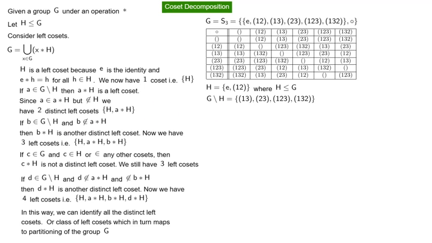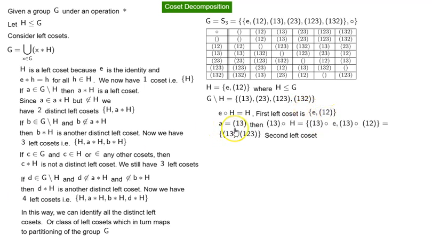So let's start finding the left cosets. So e times H is equal to H. So that is our first left coset. That is e, permutation (1 2). Let's take a equal to permutation (1 3). Then (1 3) times H is equal to (1 3) times e and (1 3) times (1 2).